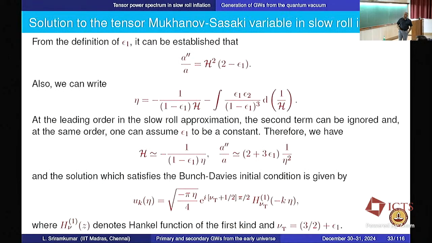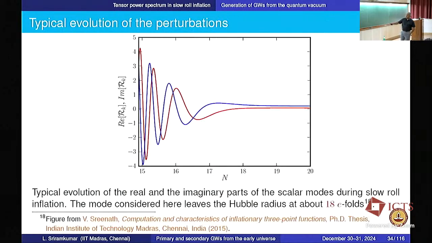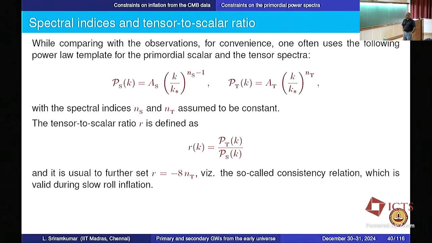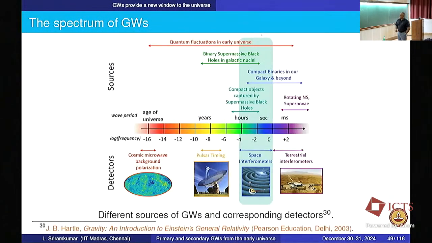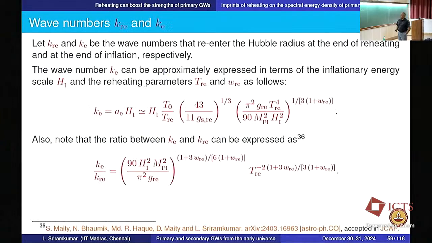What you find is that, as I indicated, they oscillate in the sub-Hubble regime, and soon after they leave the Hubble radius, for this mode they leave at an e-fold of 18 or so, and the amplitude freezes. So you can evaluate the scalar power spectrum in the sub-Hubble limit and in the super-Hubble limit. Just let me go back.